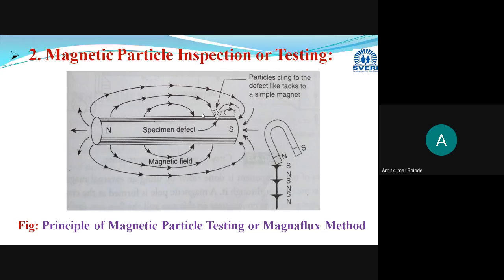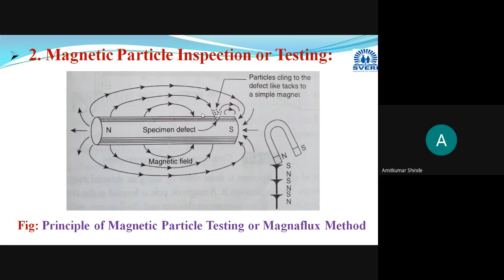In dry magnetic particle inspection, dry ferromagnetic powder is applied on the surface of the specimen, and in the wet magnetic particle inspection method, the ferromagnetic particles are applied with the help of a medium, and that medium may be kerosene or petroleum oil.